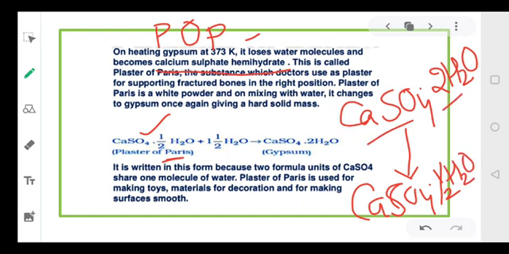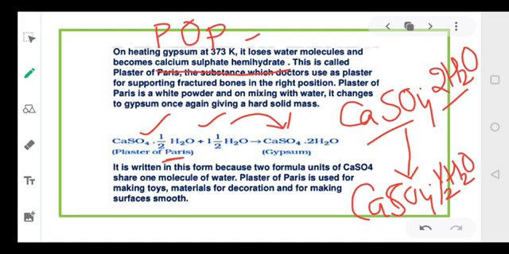So this is your gypsum and this is your POP. When we heat gypsum, it is converted into POP. When POP is mixed with water, 1.5 molecules of water, it can be converted back to gypsum. So both are interconvertible. You can convert gypsum into POP and you can convert POP into gypsum.